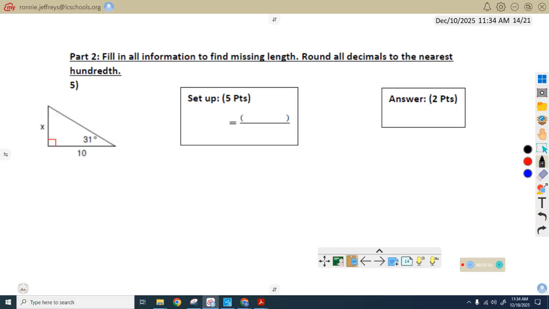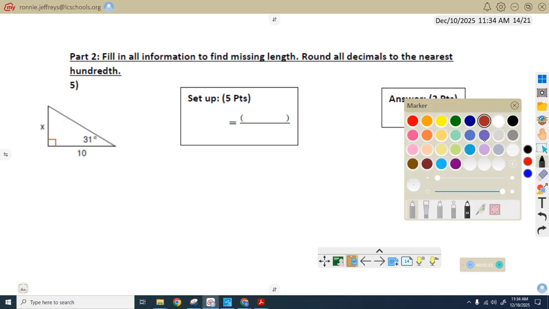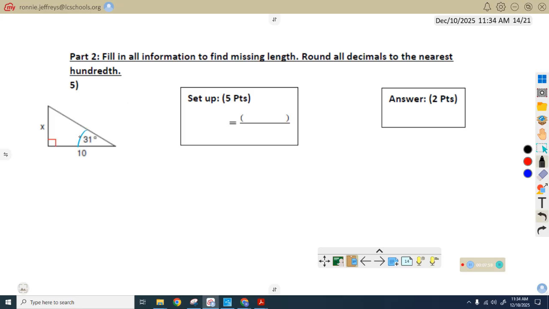So I'll at least do the setup for this one. Here's my angle. This is our opposite. This is our adjacent. By the way, I'm labeling stuff. That does help me, going through with the ratios and actually kind of knowing what's going on.